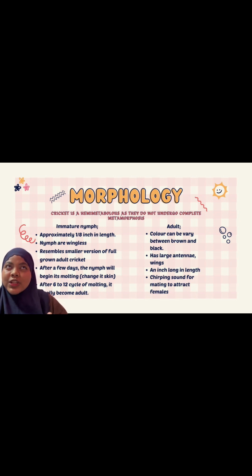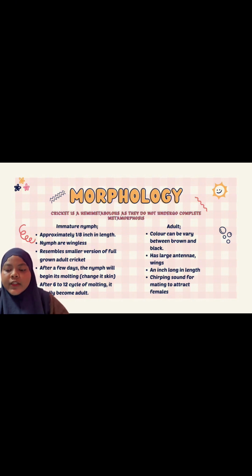Molting is a process where insects change their shape. After 6 to 12 cycles of molting, the nymph will completely become a full-grown adult cricket.